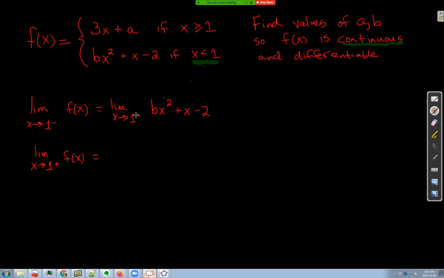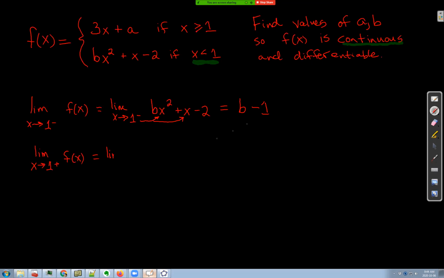And then this one I can evaluate with direct substitution. Just plug in 1 wherever you see an x. I get b minus 1 because I'm going to have a plus 1 and a minus 2. So the limit as x goes to 1 from the left is b minus 1.